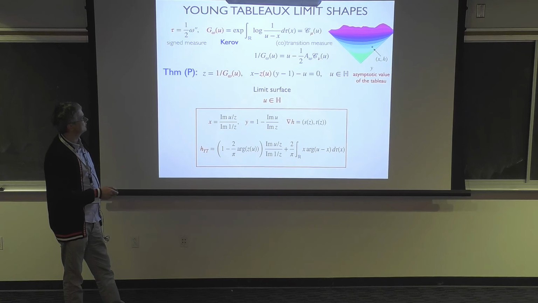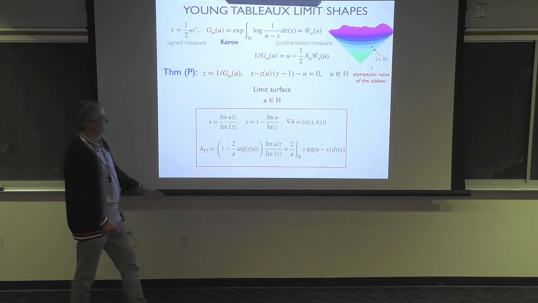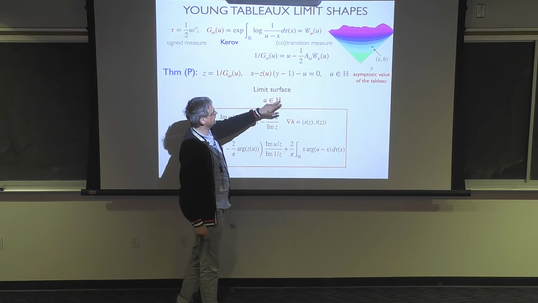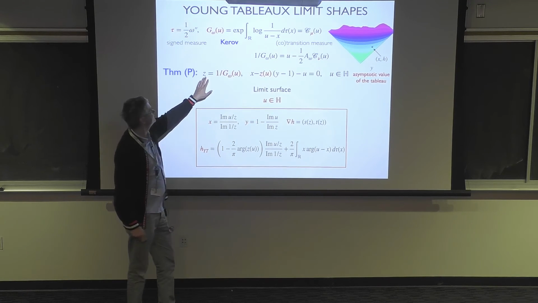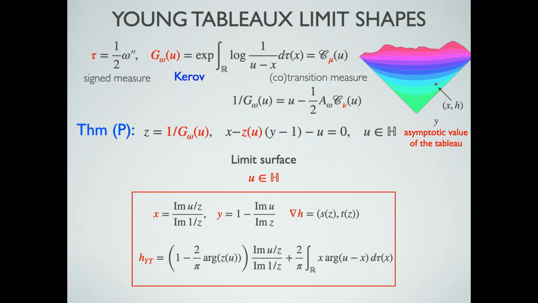Okay, and in terms of these functions, the u variable will run through the upper half plane. The z variable will now be the reciprocal of this g function, and this is the equation just like before. So in terms of that, x and y are again parameterized by u in this way, and then the height function itself is given by this formula.